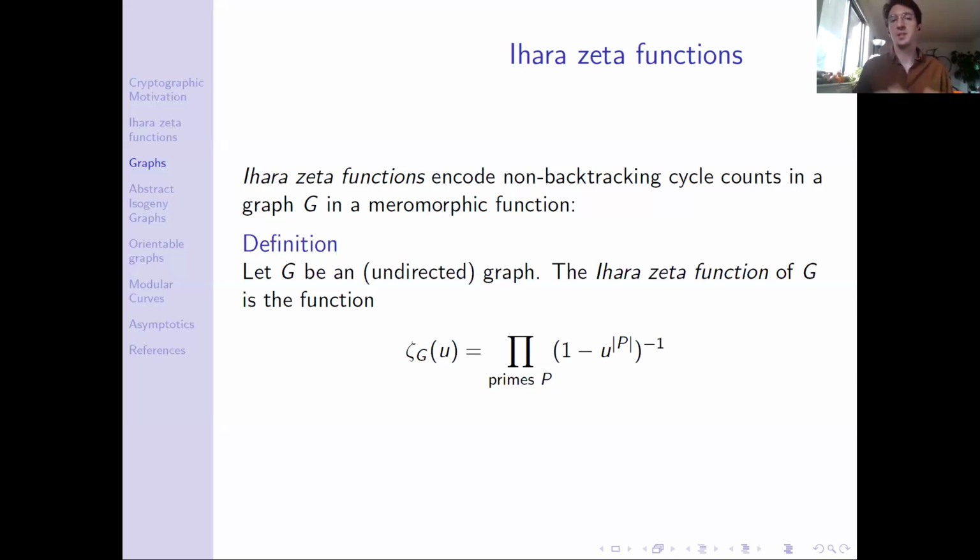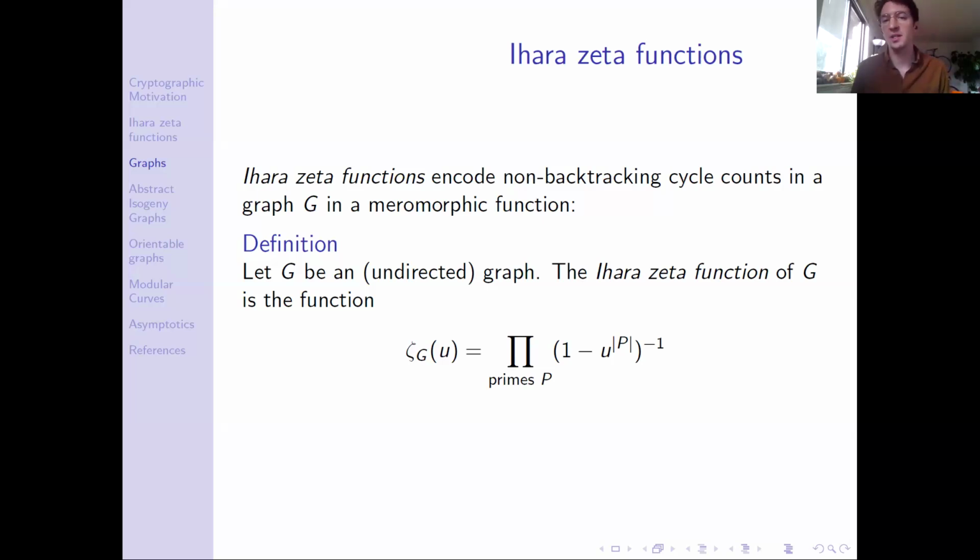concretely. So what's the definition? So you start with a graph. You can take it in the sense of Serre or just an undirected graph. And then the Ihara zeta function is an Euler product, just like the previous zeta functions we saw. But we take the product over primes in the sense of the previous slide of 1 minus u to the size of the prime, which just means the number of steps in that prime as a cycle, right?